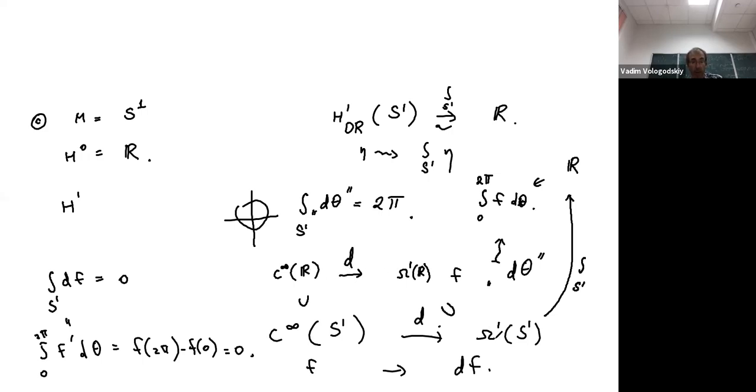So take a one form, view it as a one form on R. That means that you write it as f times d theta. Theta is now a function on R. And then you can, essentially uniquely up to a constant, write it as a differential of a function. So you take a primitive of this f.